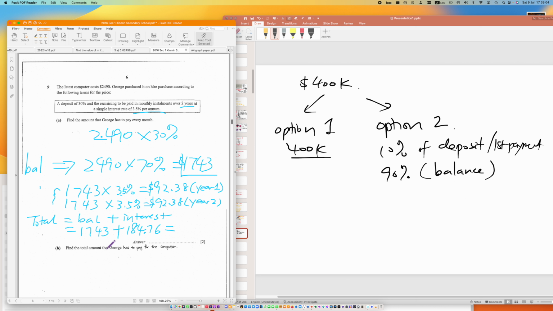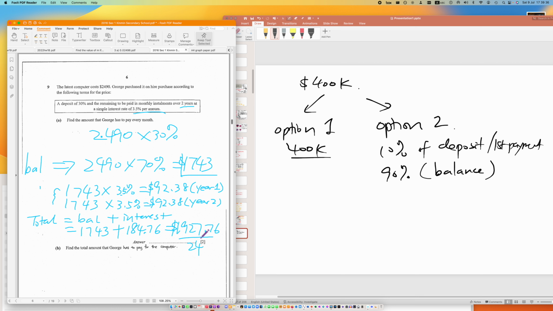So that's the total interest. So what's the total? 1,907.76. Then you use this divided by the 24 lor. That's your monthly.